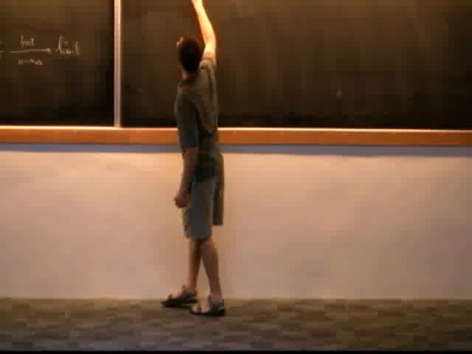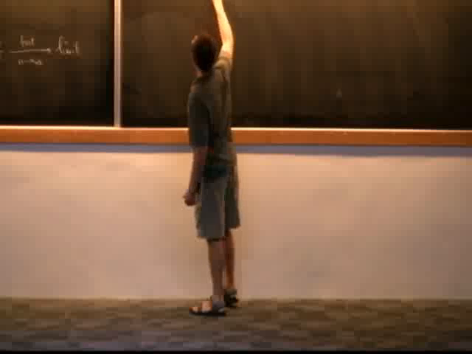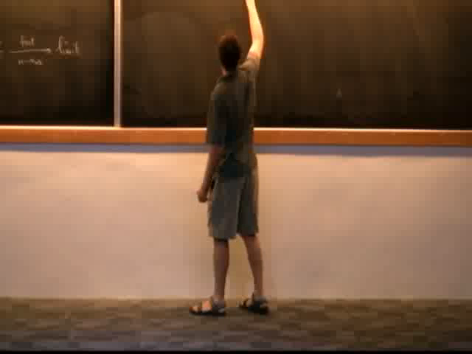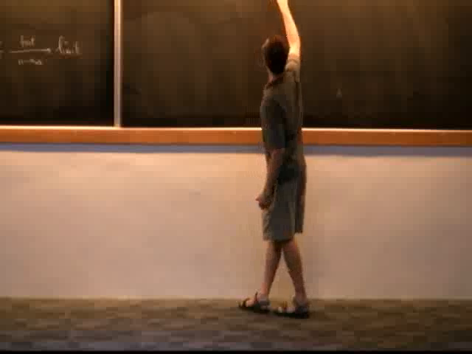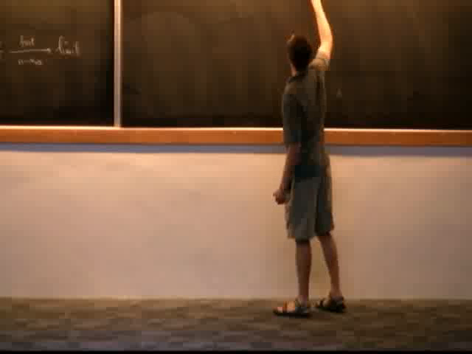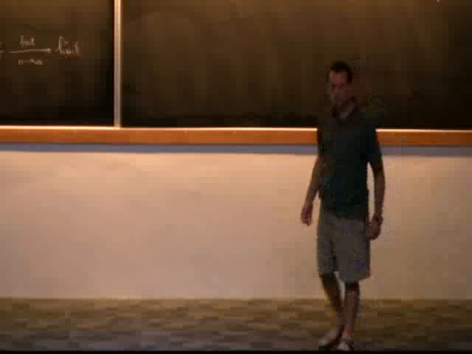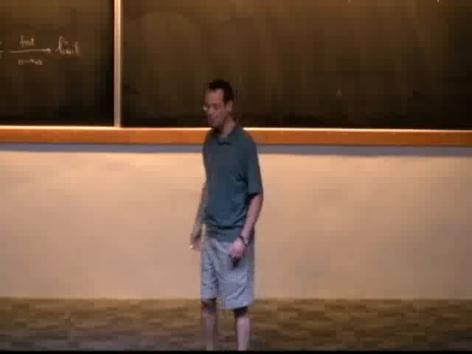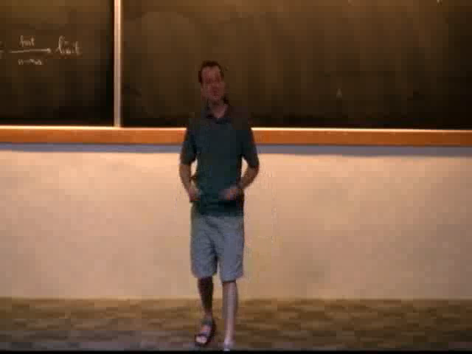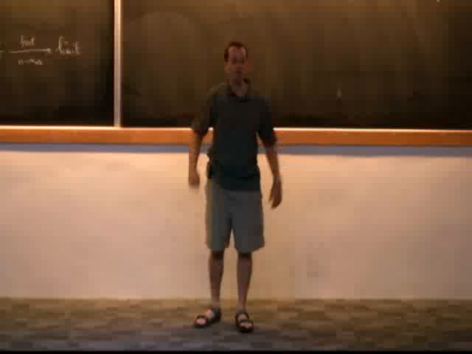Suppose L is a bounded linear operator on a Banach space B. In our case, L is going to be the transfer operator, T hat, and the Banach space, we're going to talk about it later, but it's going to be some subspace of L1.